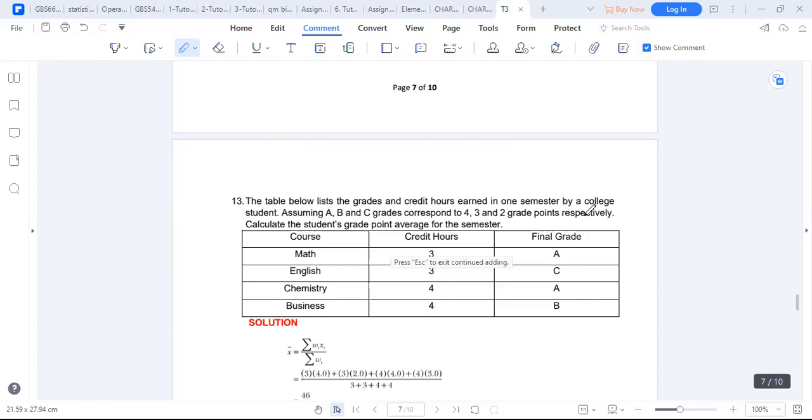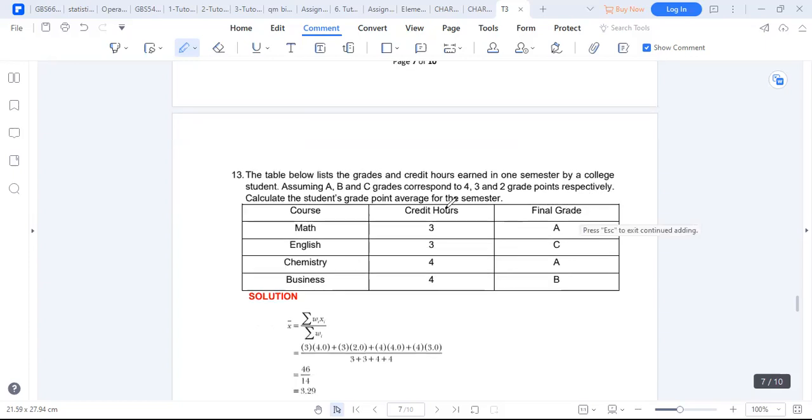Let's get the idea again here. We have 3 grades A, B, and C, which correspond to points 3, 2, and 1. Here we want to calculate the average student's points per semester. Again, you can understand that A corresponds to what? 4.